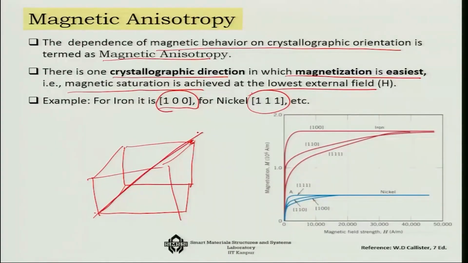That is the easy axis for each if you apply H, whereas for iron it is any one of these 100 axes. So, this anisotropy exists, and you have to know for each material which is the easy direction, because then you can very easily get it magnetized accordingly.